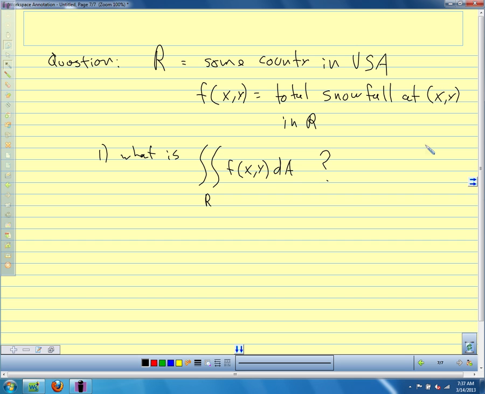The volume of the snow? And what do we call the volume of snow that falls on some place? The volume of snow, that's the total snowfall, right?